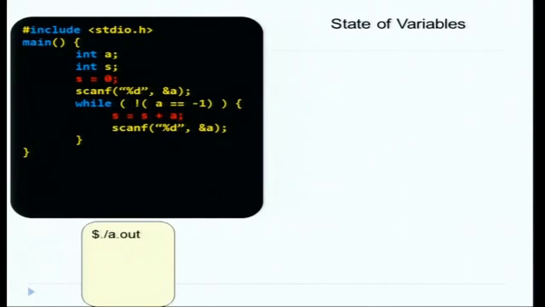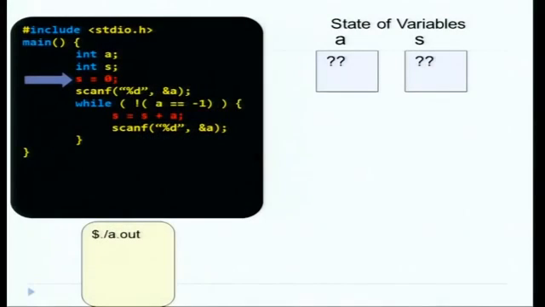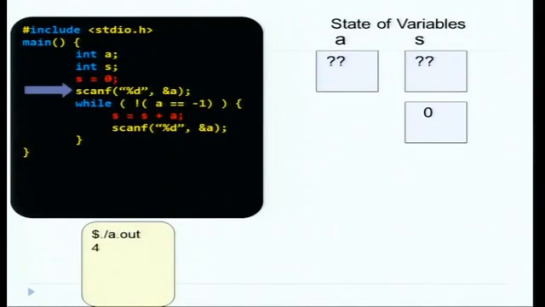Let's try to trace the execution of this program on a sample input and try to understand how it works. Let's say that I compile the program successfully and run the program. So I run a.out, and as before, let the first number be 4.